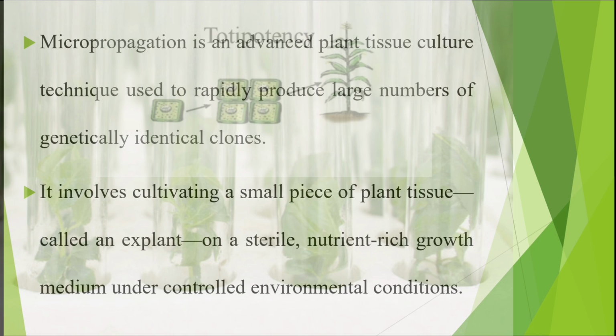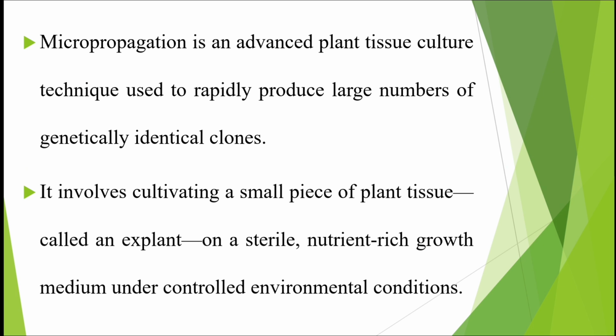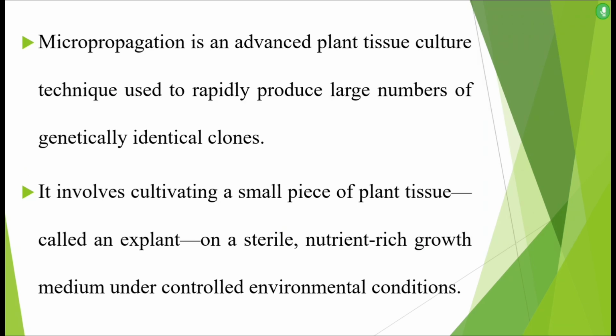It is a practice of rapidly multiplying plant material to produce a large number of progeny plants using modern plant tissue culture techniques, and these plants are genetically identical. The micropropagation technique can produce many plants in a very short time, and those progeny plants are genetically identical.